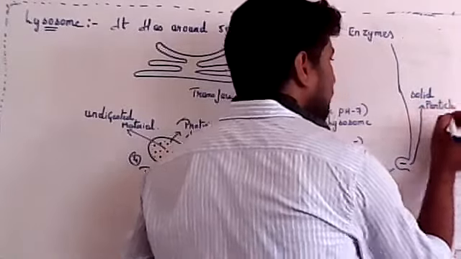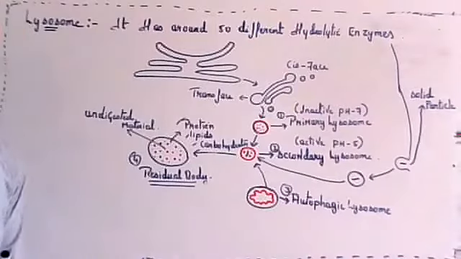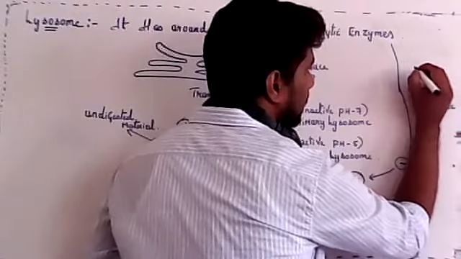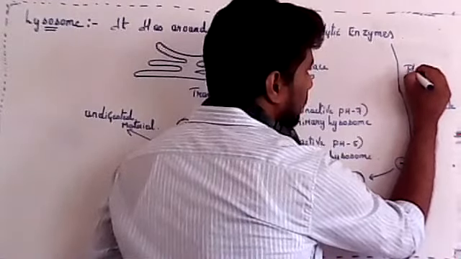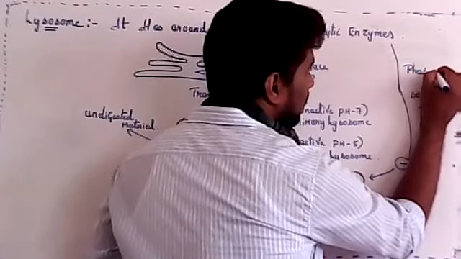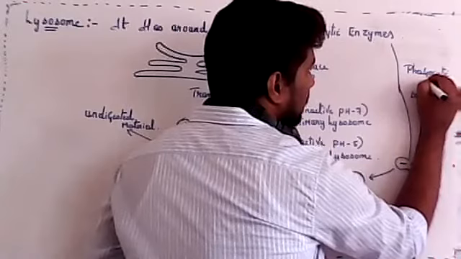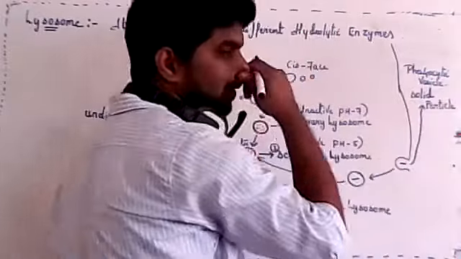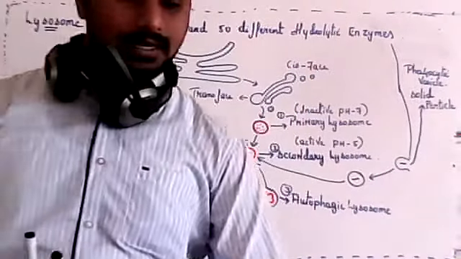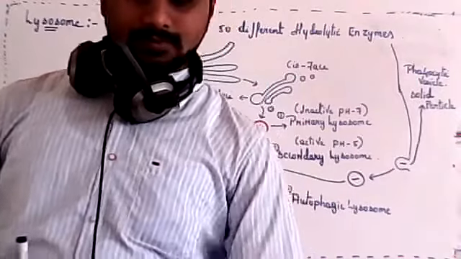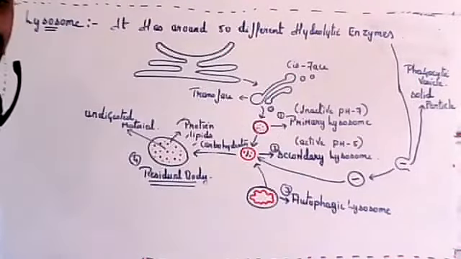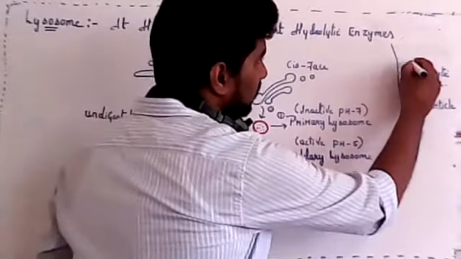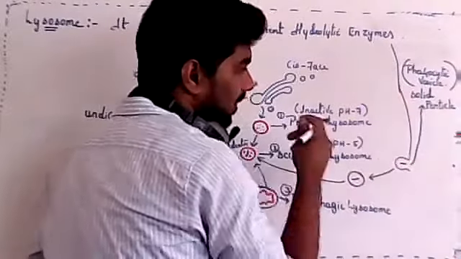This solid particle is called a phagocytic vesicle. In case a solid particle is taken inside, such a vesicle is called a phagocytic vesicle. So phagocytic vesicles are formed when solid particles are taken inside through the plasma membrane.